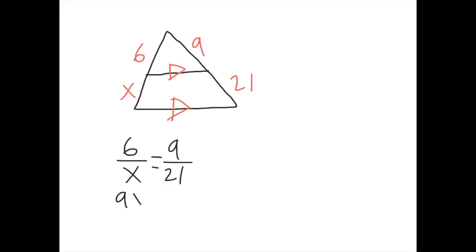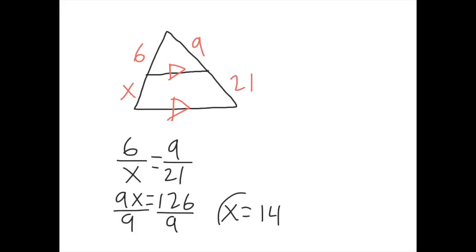That gives us 9x equals 126, and then divide both sides by 9, and that gives us that x equals 14. So you can just set it up as a proportion and then solve.